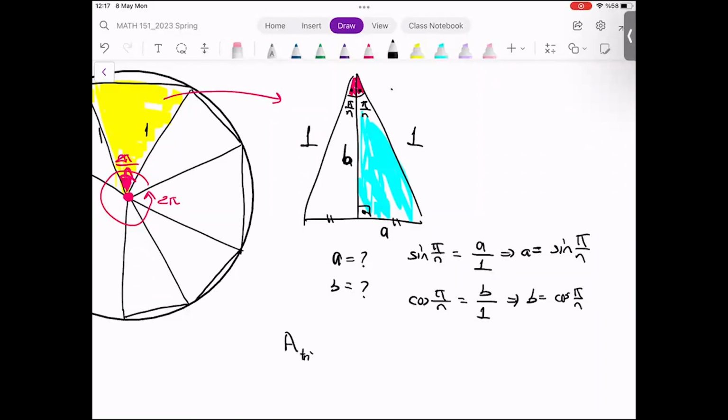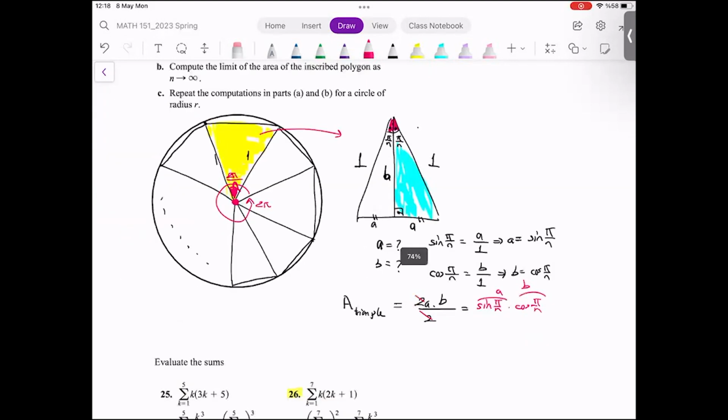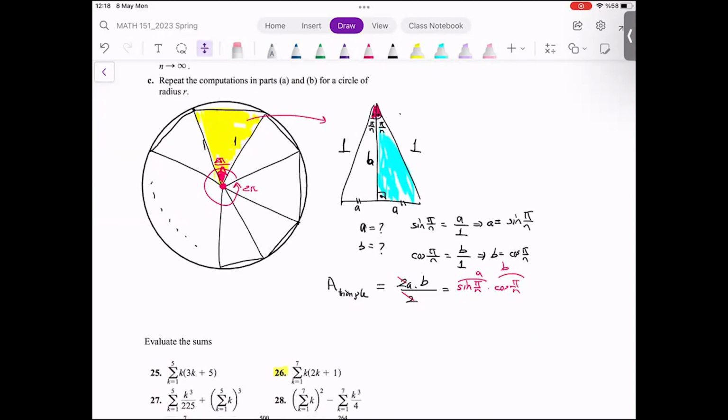Area of the triangle is given as base times height divided by 2. So it is A times B. A is sine pi over n times B, cosine pi over n. This is A, this is B. This was easy, right? Not that difficult. We find an expression for the area of the triangle.